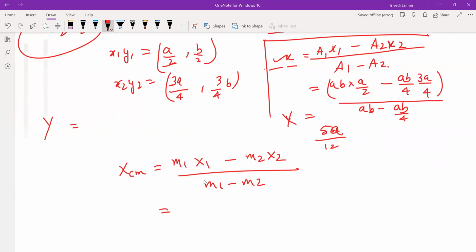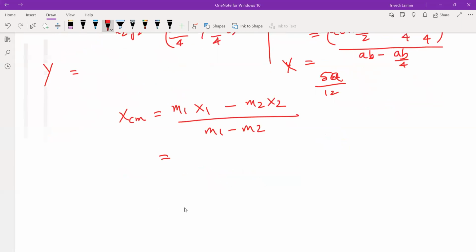So here m we will take the same, and x will be A by 2. In the same manner, we can directly do that. Okay. You understood this one? Have you even got an answer?